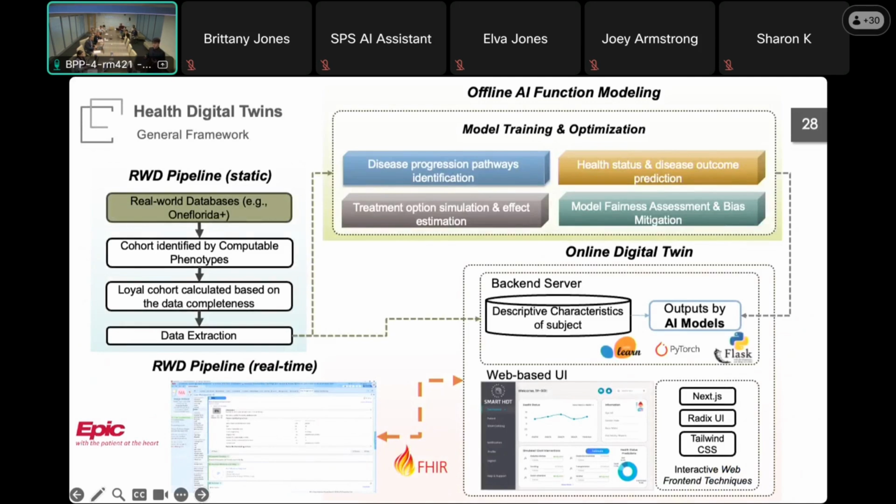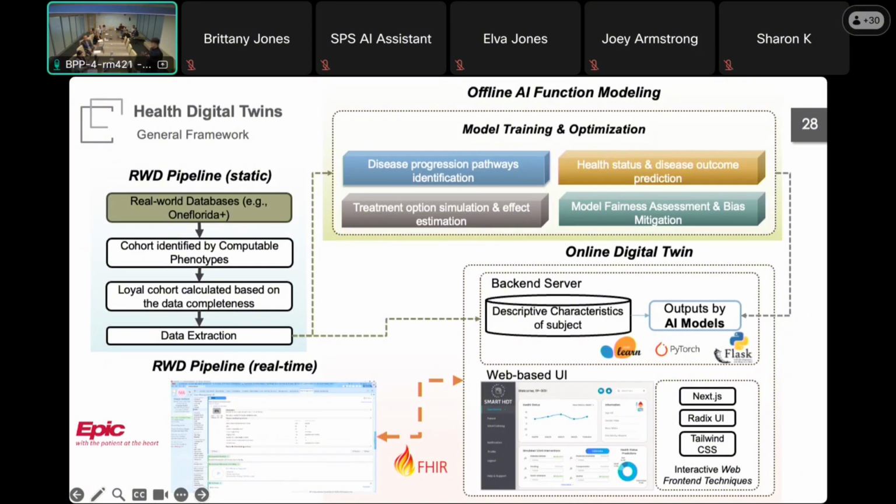For example, in my current university, we can use Huang Plus to extract this cohort data to generate the AI model. This process contains how to use computable phenotypes to identify the precise cohorts, and then refine these cohorts based on the data completeness.